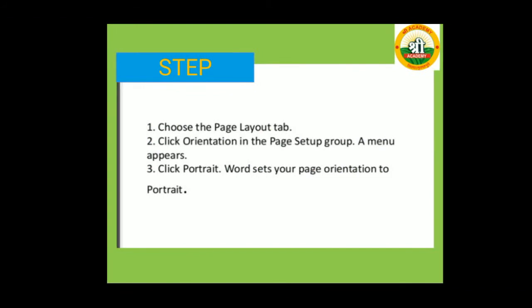Some steps: choose the Page Layout tab, click Orientation in the Page Setup group, and a menu appears. Click portrait or landscape to set your page orientation according to your need.